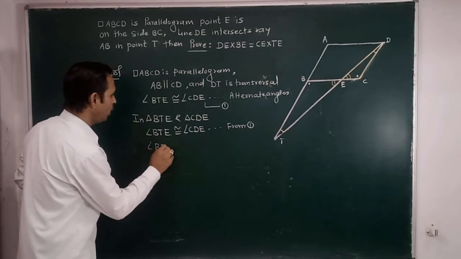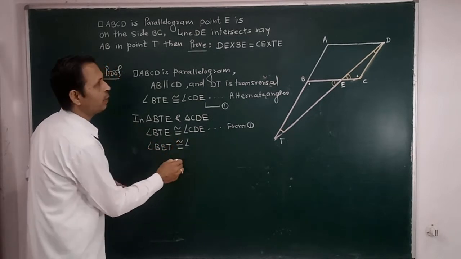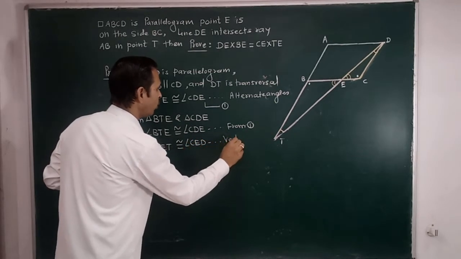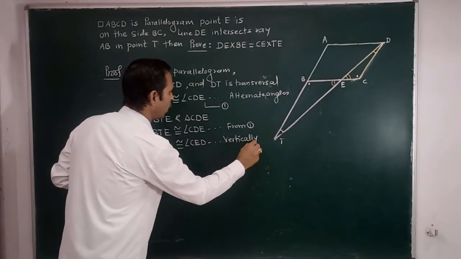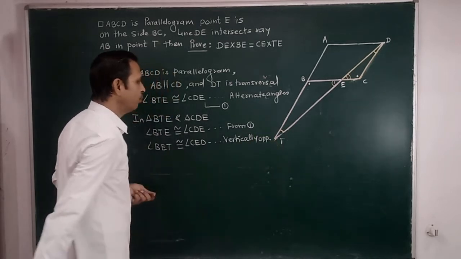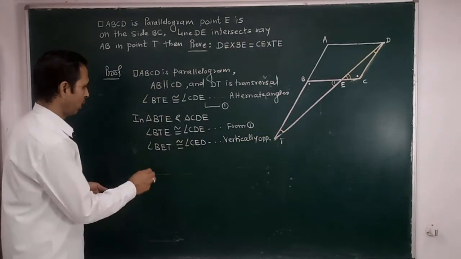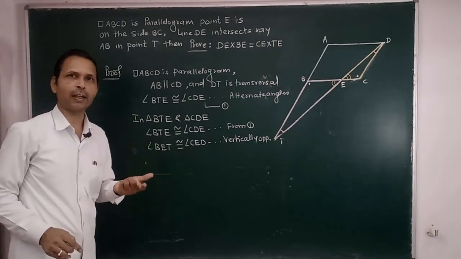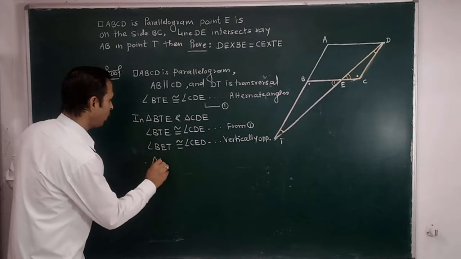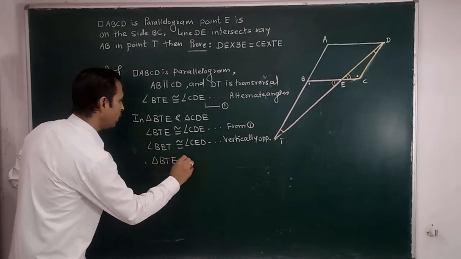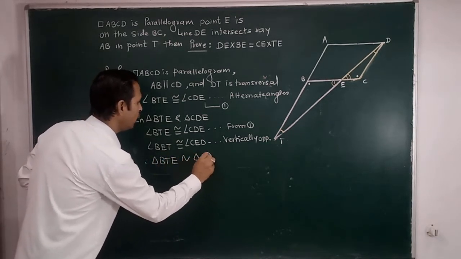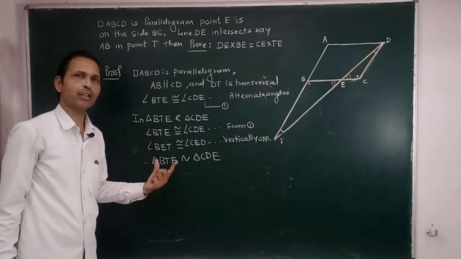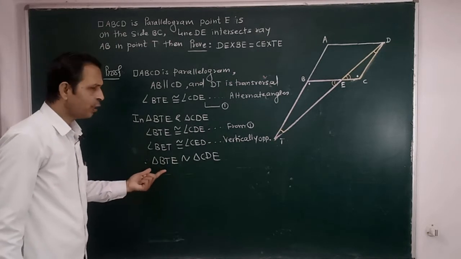Angle BET is congruent with angle CED because these are vertically opposite angles, and that's why they are congruent. Now from these two conditions we can easily say that the triangles are similar, means triangle BTE is similar to triangle CDE.